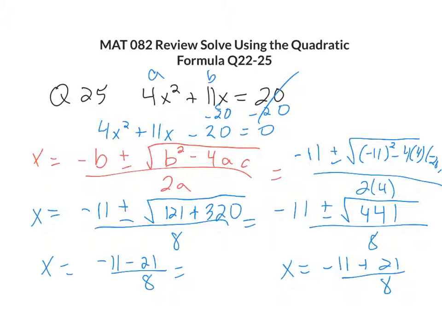Negative 11 minus 21 is negative 32 over 8, which divides into negative 4. And negative 11 plus 21 over 8 will end up being 10 over 8, which simplifies again to 5/4. We've now seen that one a couple of times. So my solutions are negative 4 and 5/4.